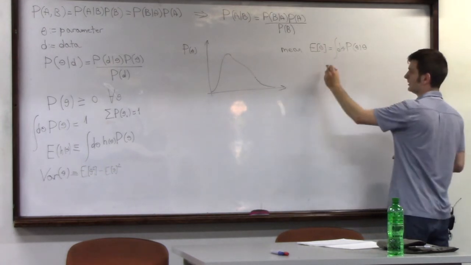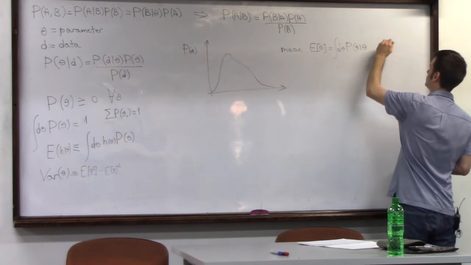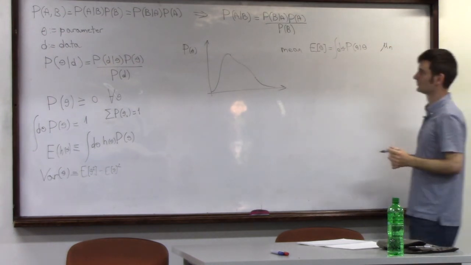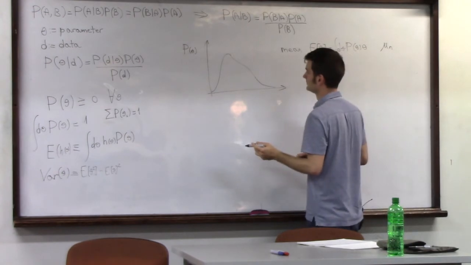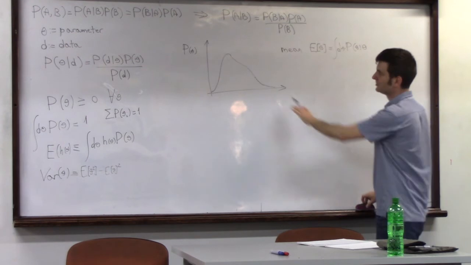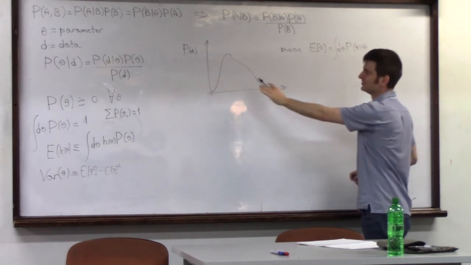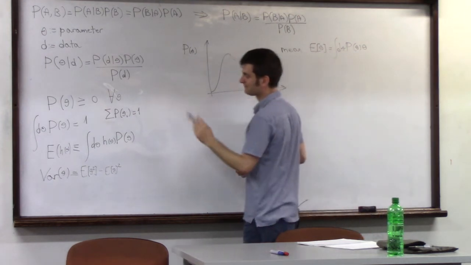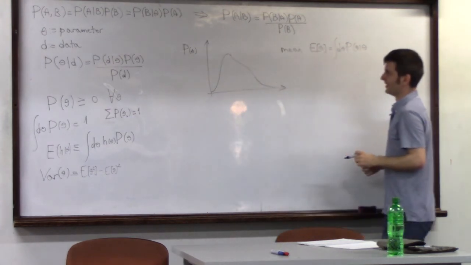So in that case, it is what I call mu n. Let me erase it from here because this is a general example, but you know what I mean.